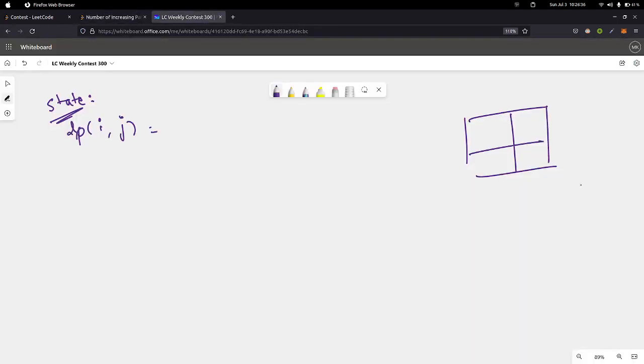You can see we have a 1 1 3 4, and if I want to know the total number of strictly increasing paths which starts at this particular cell, I will make a call to the neighboring cells, right? Because I can move to any adjacent cell, and I can only do so if that particular cell has a greater value than my current cell, right?